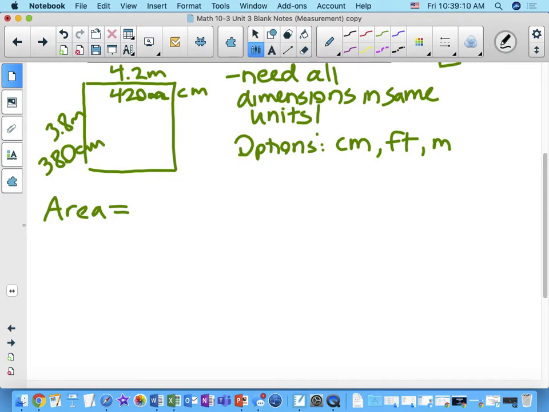Yeah, so you multiply the length times the width, so 420 centimeters times 380 centimeters, and that comes to 100,000. What are the digits? Yep.